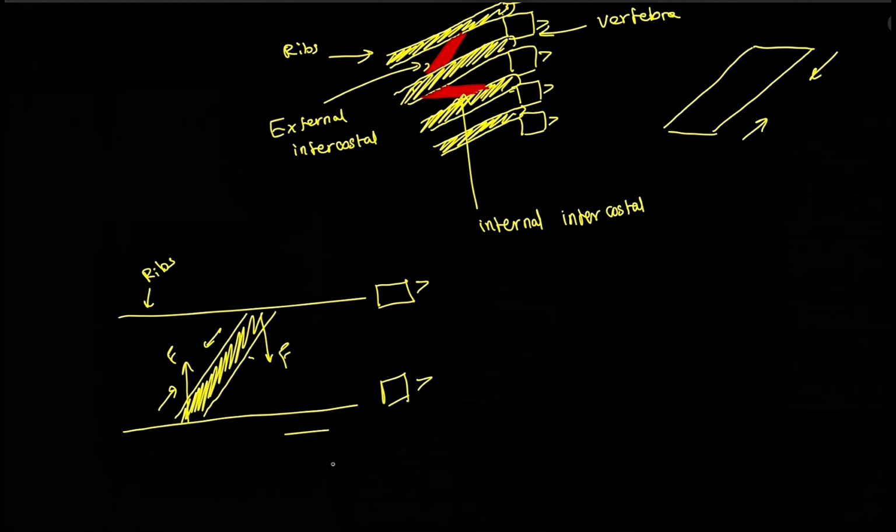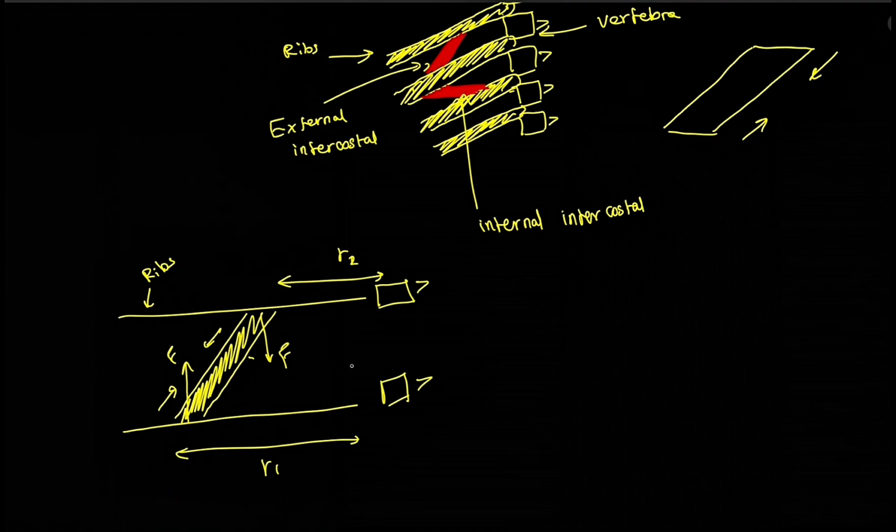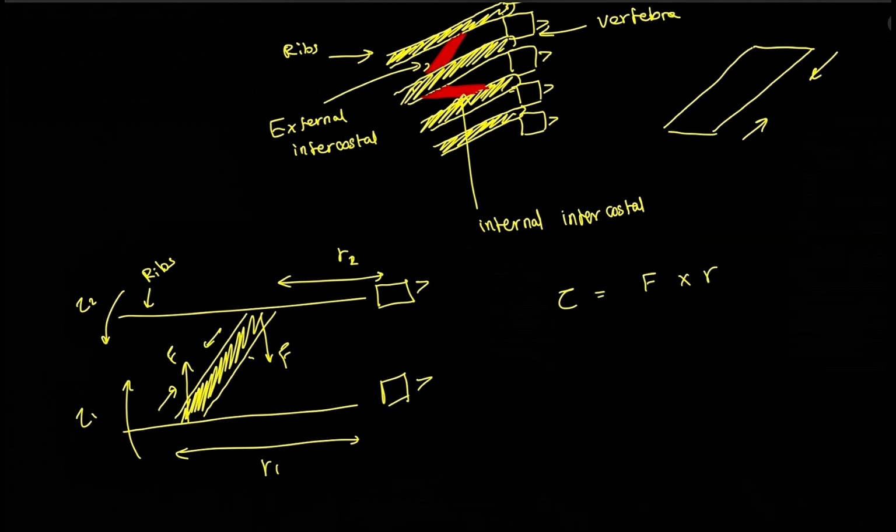But the torque created by the lower rib is more than the torque created by the upper rib. Why is that? You know the equation, right?